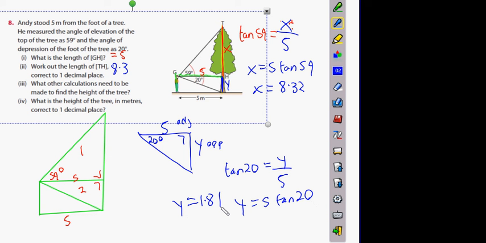So, 1.81 plus your 8.32, and what's the two of them added together? 10.13. And correct to one decimal place? 10.1. Okay, lads.